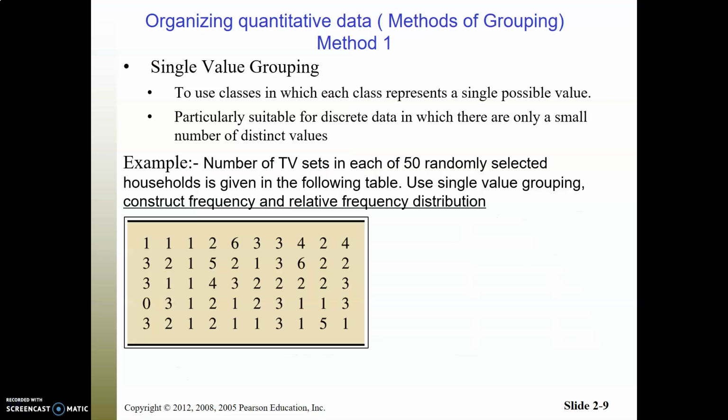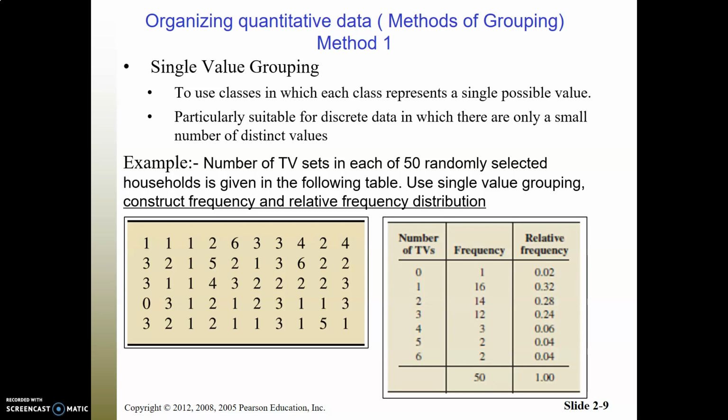So if you have done all the steps correctly, you will end up with this table: number of televisions, frequency, and a relative frequency column. The frequency means what this table is saying, that there is one family which has 0 televisions. There are 16 families who have 1 television in their household, 14 with 2, and so on and so forth.